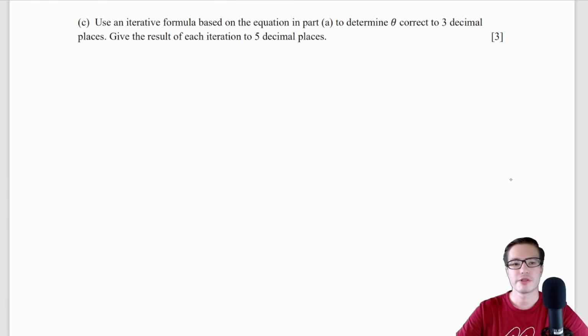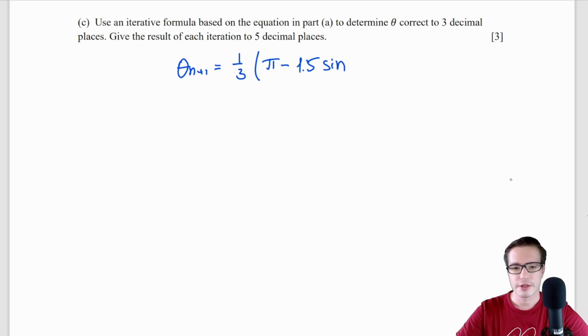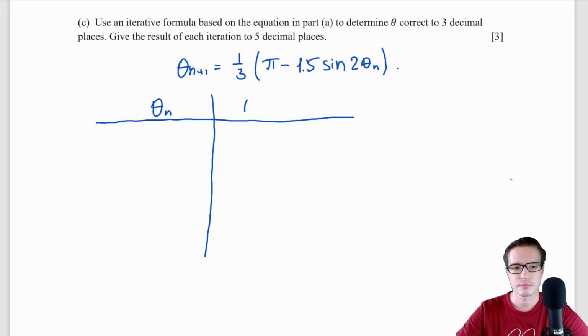Next one, we'll have to use the iterative formula. So let's write it down. Theta n plus 1 equals a third of pi minus 1.5 sine 2 theta n. Draw a table. And to start with, choose any number between 0.5 and 0.7, let's say 0.6, and substitute this into our formula.